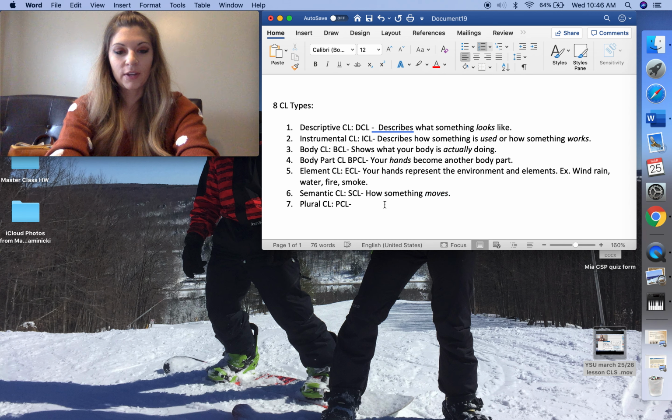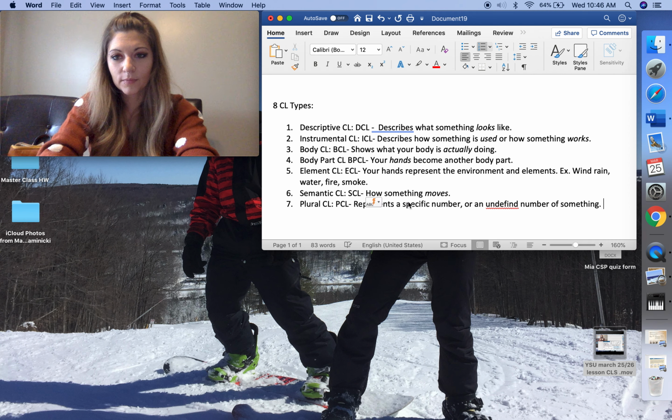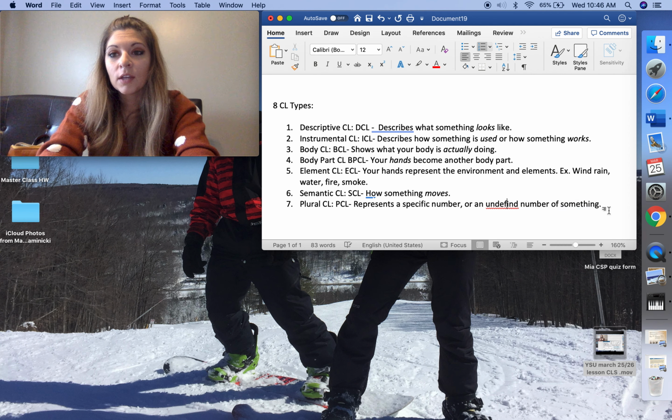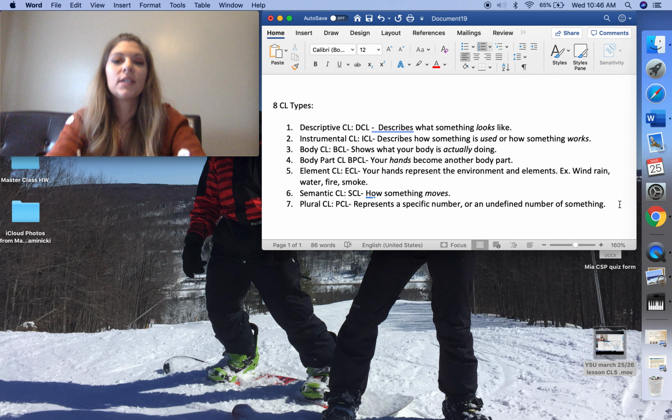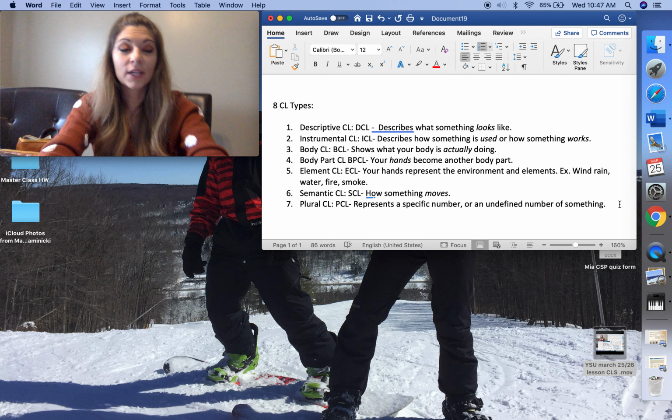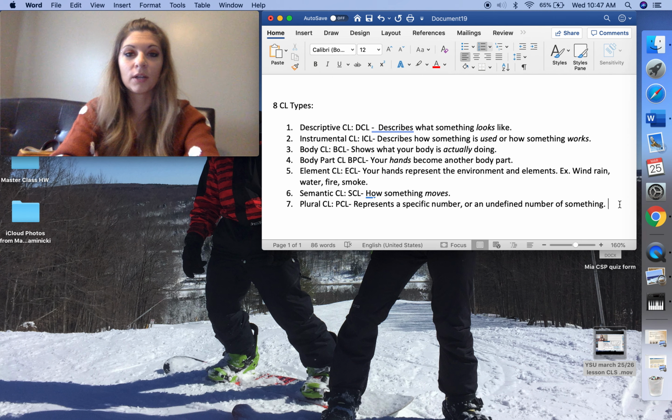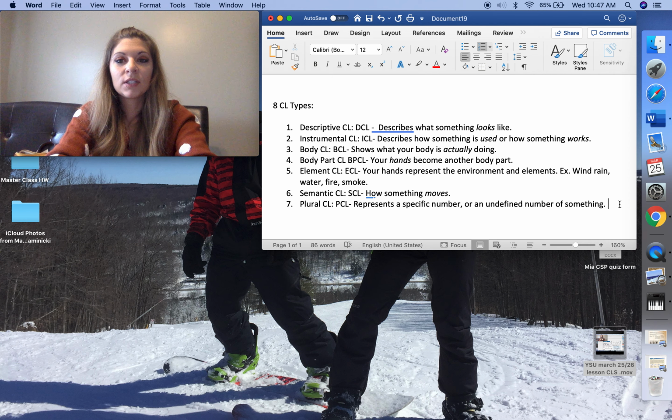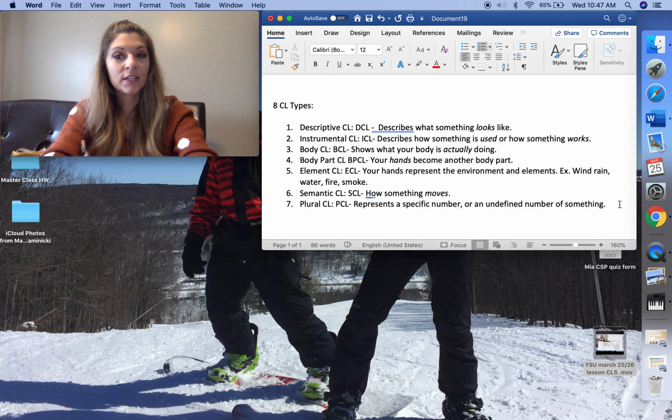A plural classifier represents a specific number or an undefined number of something.